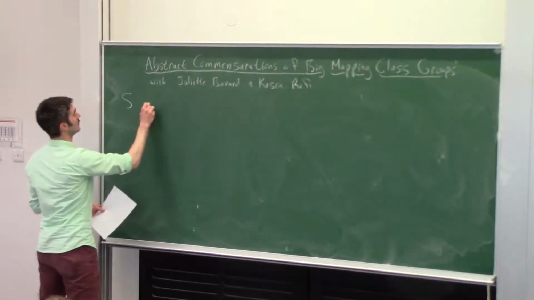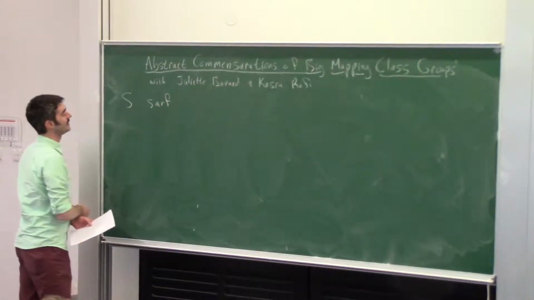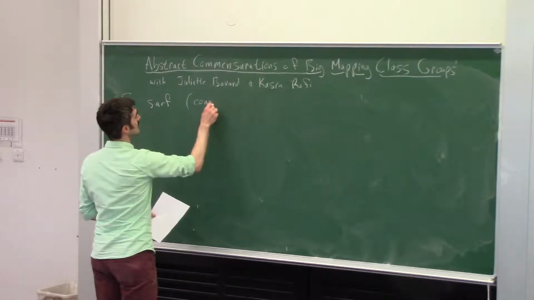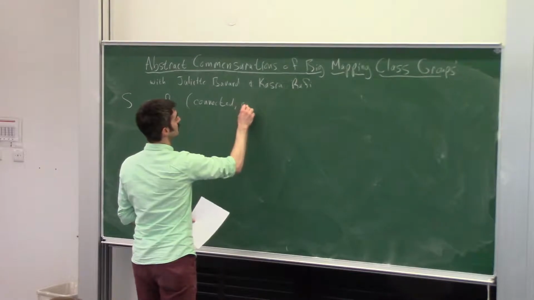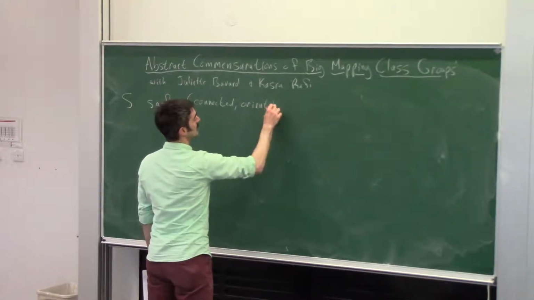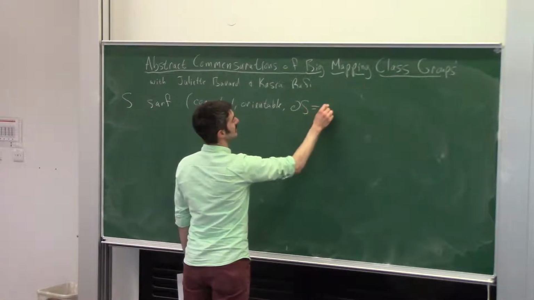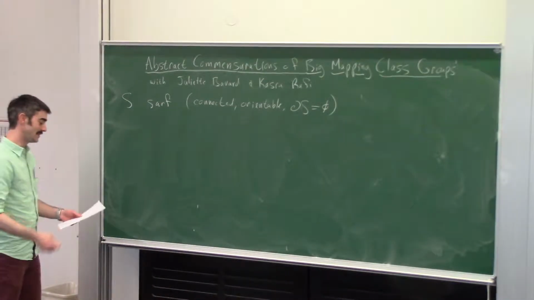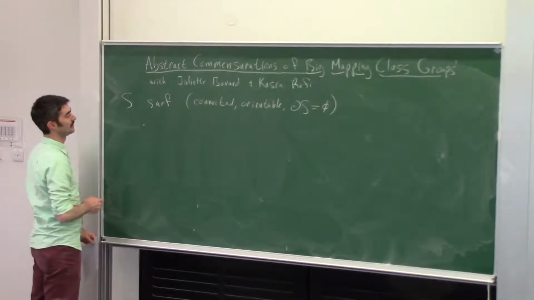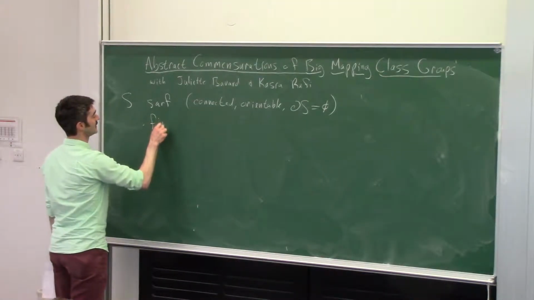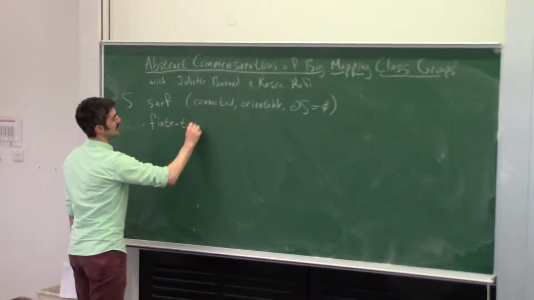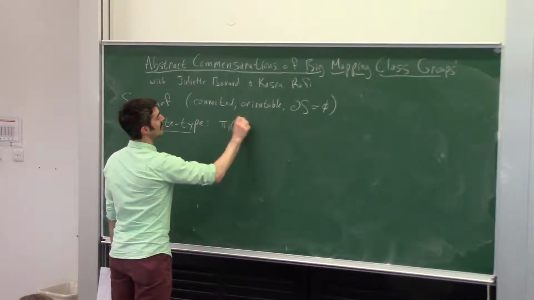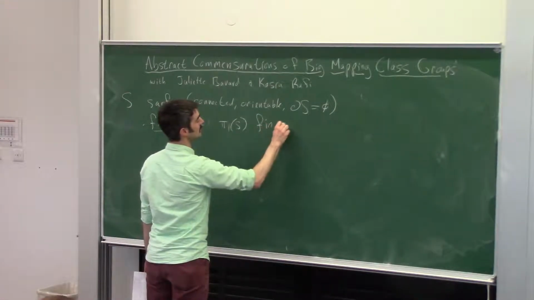Okay, so here S will be a surface. And as in Javi's talk, it'll always be connected, orientable, and I want to assume the boundary is empty, but it could have punctures and so forth. And I want to distinguish between two different regimes. For the finite-type case, that's where the fundamental group of S is finitely generated.